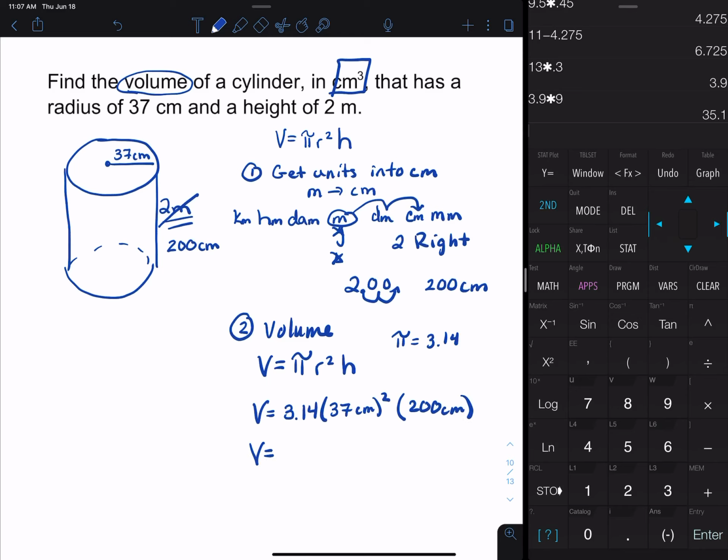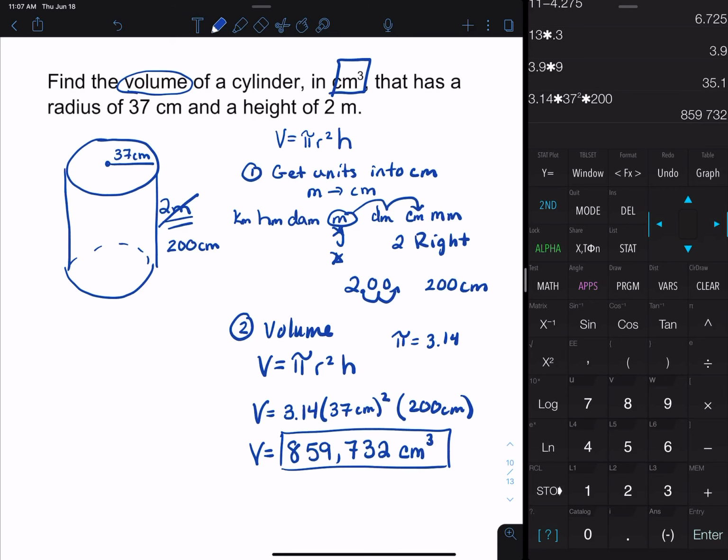So when I plug this in my calculator, I have 3.14 times 37 squared times 200. When we do that, we get 859,732. And then for volume, it's always our units cubed, so centimeters cubed.